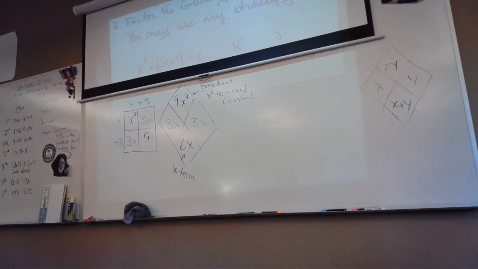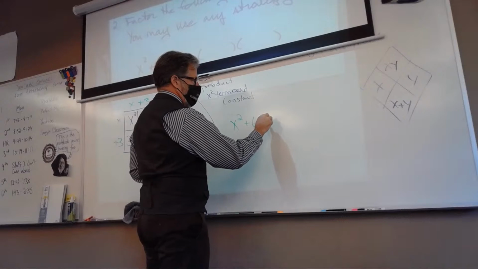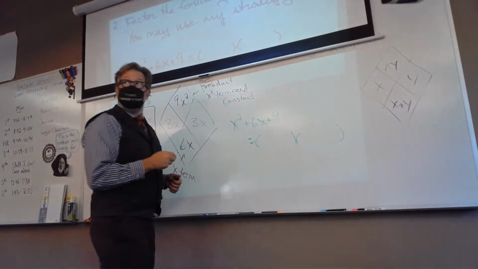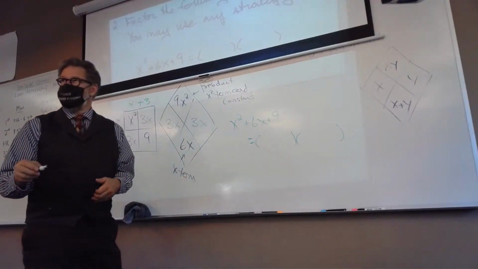So even if you are getting it right, I would recommend putting that plus or minus there, depending on what it is. So then, x squared plus 6x plus 9, Josie, is equal to what? x plus 3 times x plus 3.